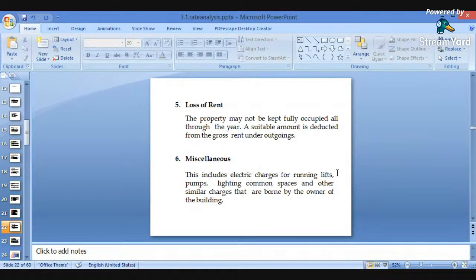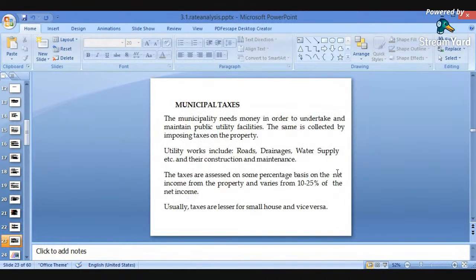Some amount will be used for lighting purposes, such as parking lights, running lifts, or pumps for water supply lines. The amount required for electricity bills for the pumps will be taken care of. So all these miscellaneous charges will also be included in the outgoings.